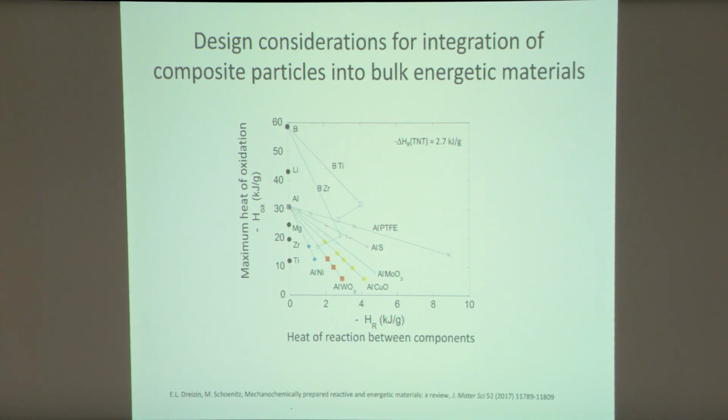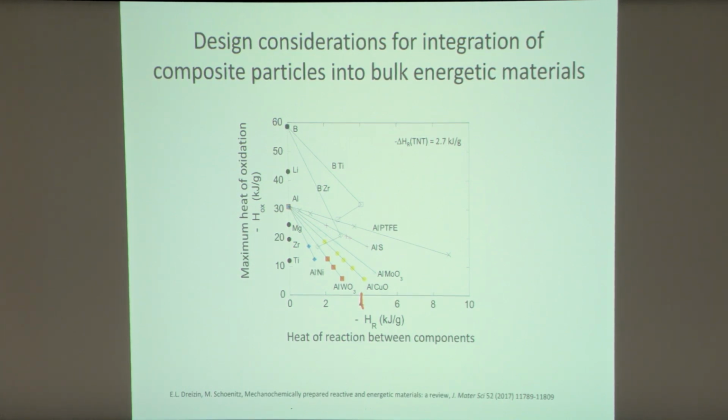So this shows basically the trade-off of the heat of reaction between the components, and then the trade-off with regards to the maximum heat of oxidation. So as an example here, if I take the boron titanium system and I look at its heat of reaction to make the alloy, it's going to come over here to about 4 kilojoules per gram.